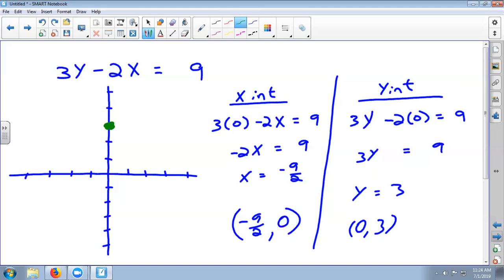That's an easy one. -9 halves, which is -4.5. Okay.